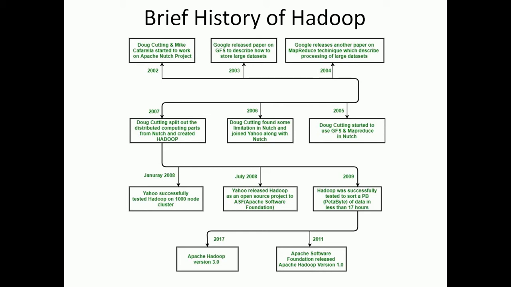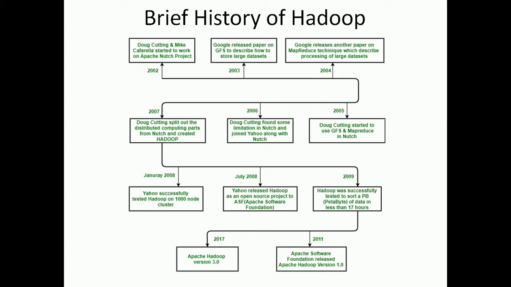In 2004, Google again innovated MapReduce technology. In 2005, Doug Cutting started to use GFS and MapReduce in Nutch.